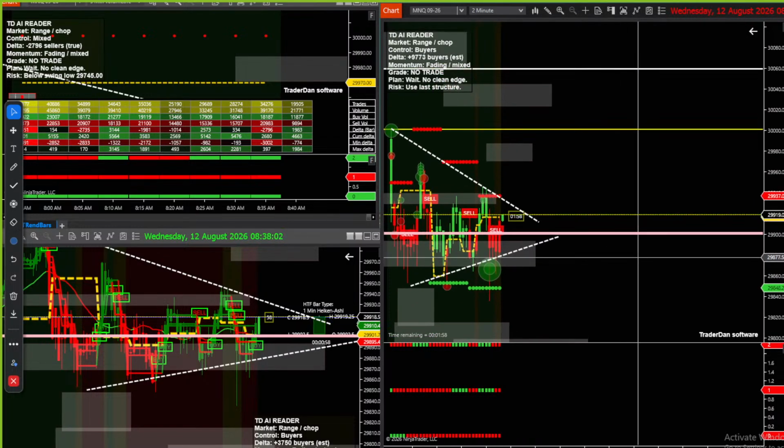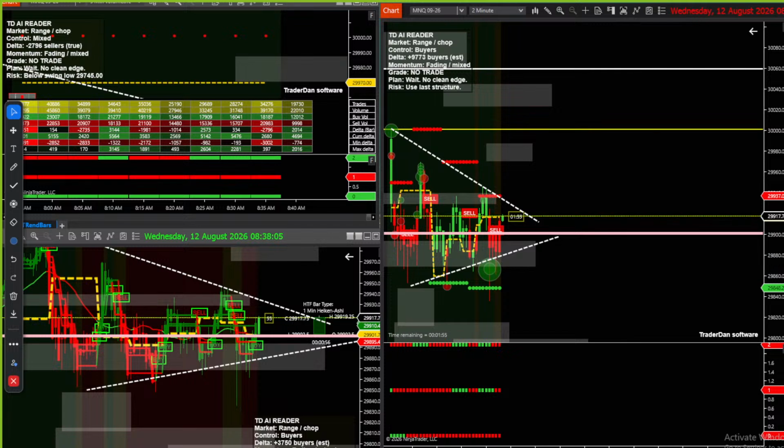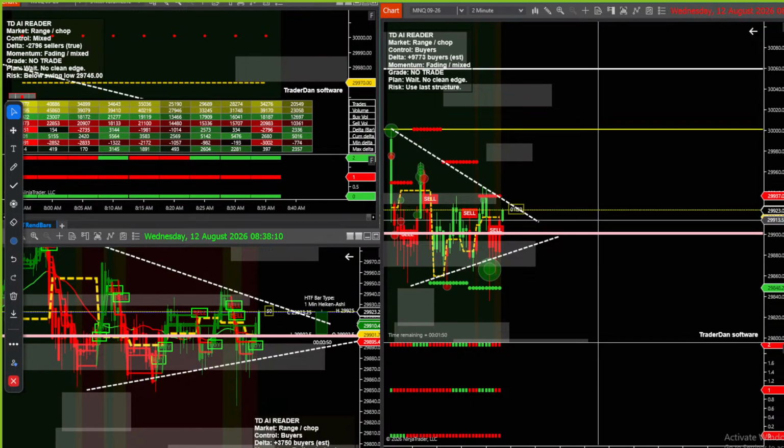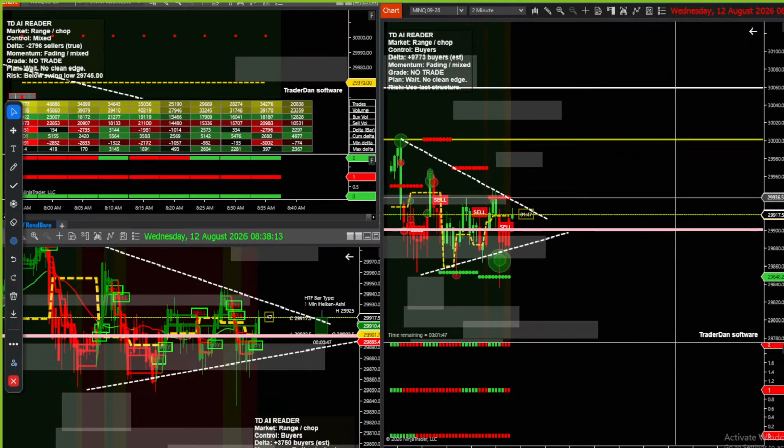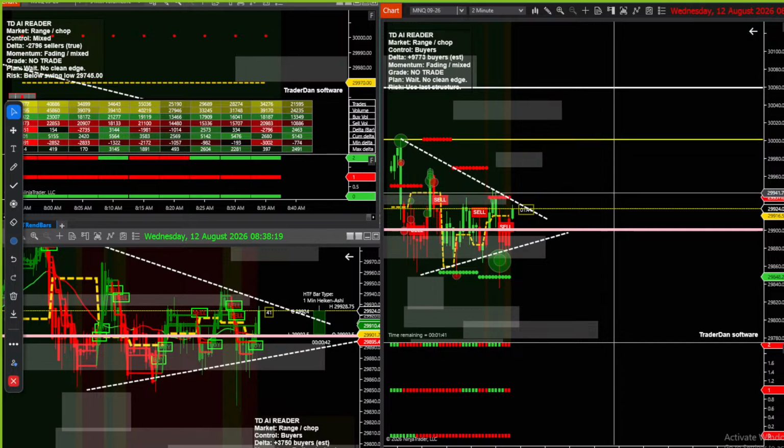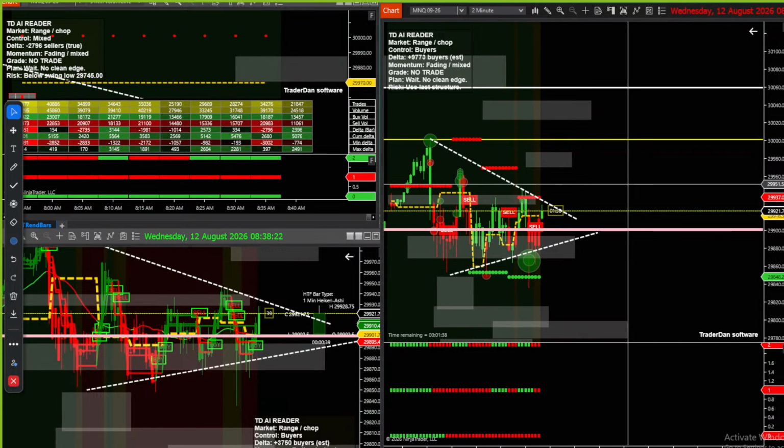There's a buy signal coming in. What do we have on order flow here? Yeah, they're still buying. Completely mixed here.